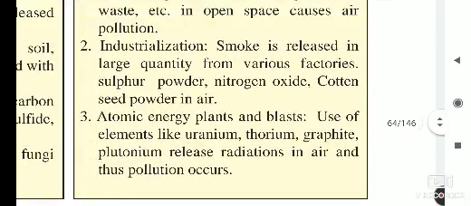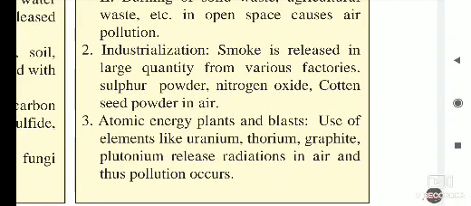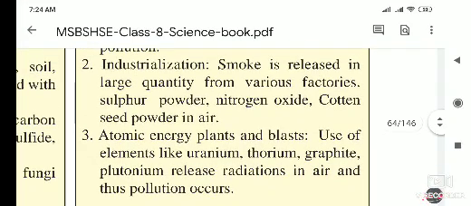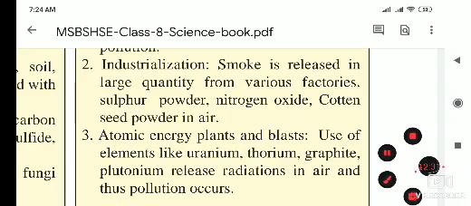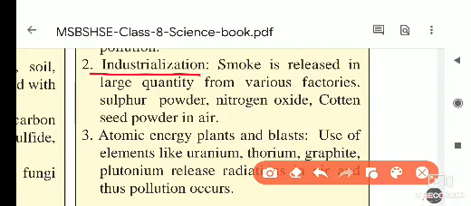Next point is industrialization. As we know, one of the reasons of pollution is industrialization, and to fulfill our needs, a number of factories or industries have been developed all over the world. Due to this industrialization, smoke is released in a large quantity. For example, there are textile industries, plastic industries, or utensil-making industries.